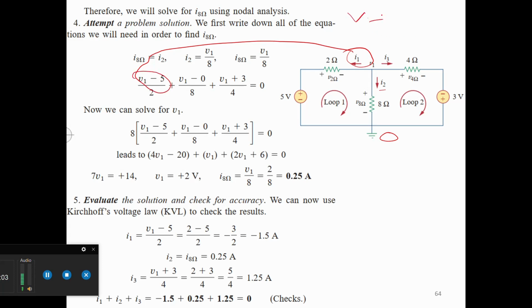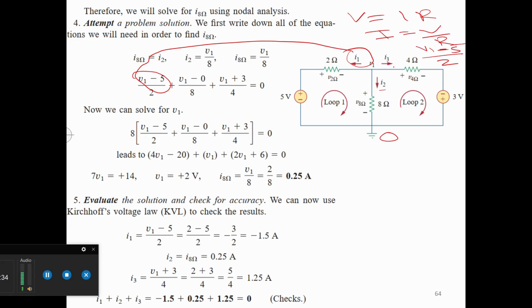We know that V is equal to IR and I is equal to V divided by R, and V is the reference voltage between a higher potential and a lower potential. Considering that this is a higher potential, V is equal to V1 minus 5 divided by this R, 2 ohm. Then the second current is V1 minus (minus 3) divided by 4.